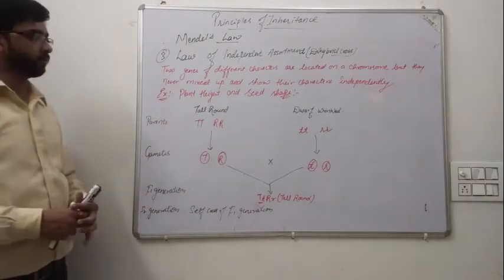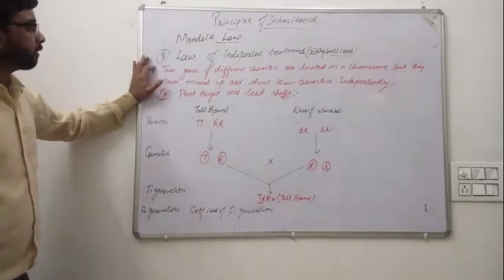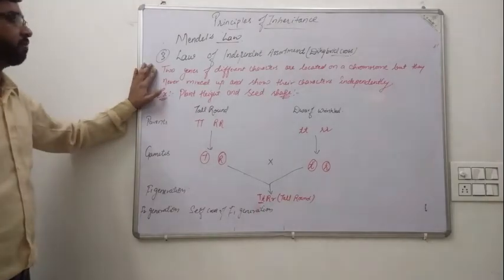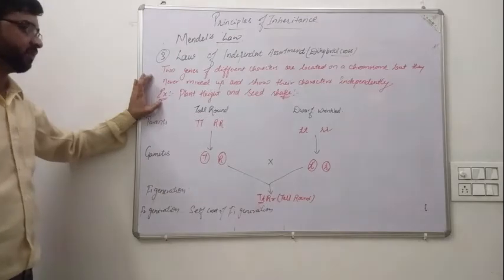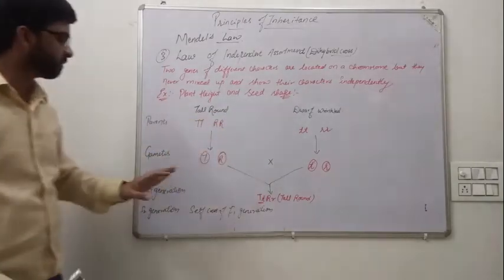First of all, note this down, because we want to group it: two genes of different characters are located on a chromosome, but they never mix up and show their characters independently. Example: plant height and seed shape, tall and round as one parent, and dwarf and wrinkled as the other parent.